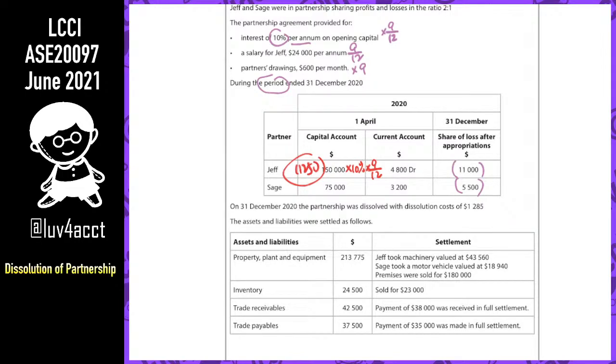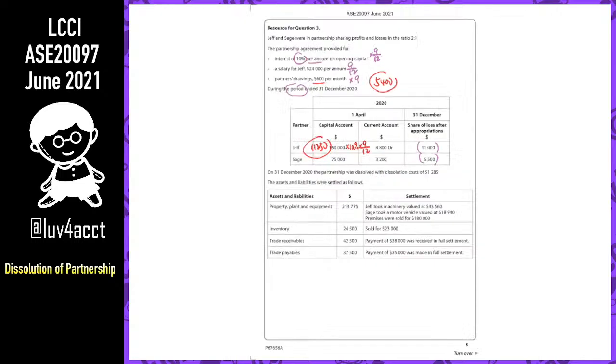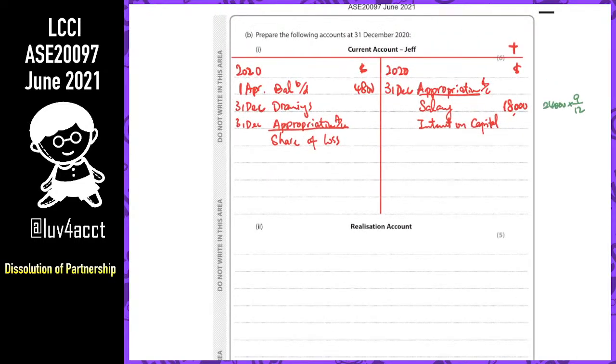And then total drawings, you have 6,600 per month for 9 months. 5400 total drawings. And also share of loss after appropriations, 11,000. So we have these 3 amounts.